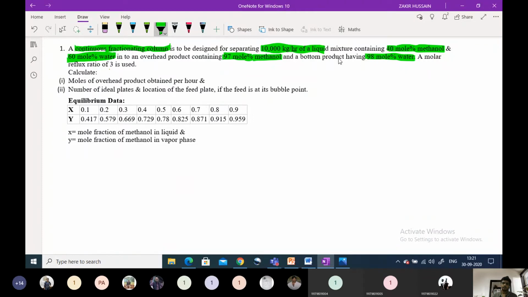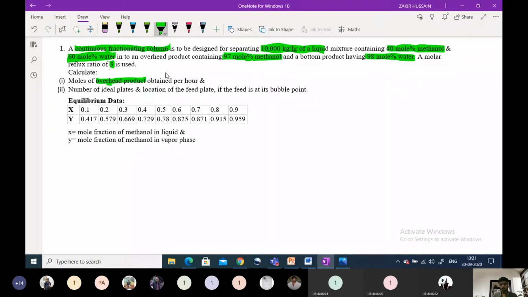Then the molar reflux ratio is 3. So R is equal to L by D is equal to 3. Calculate moles of overhead product, so we have to calculate the D value in terms of moles. But here F is given in kg per hour, which is a mass flow rate, while they are asking for kilomoles per hour.